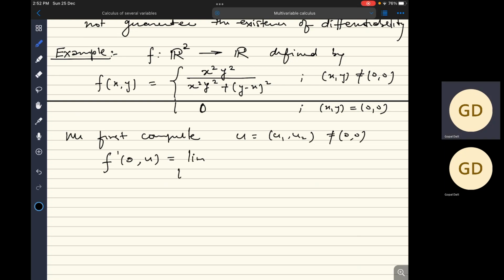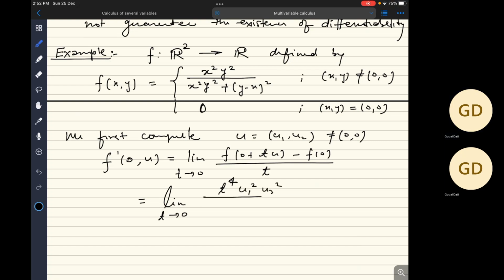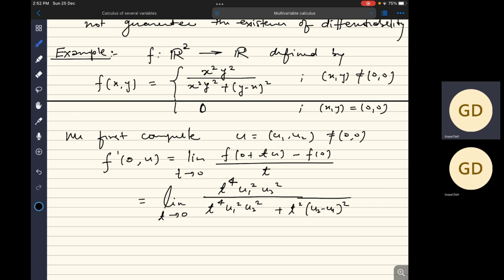This would be the limit as t goes to 0 of f(0 plus tu) minus f(0), upon t. What will you get? This is t square u1 square t square u2 square, so this is t to the power 4 u1 square u2 square. Similarly, here t to the power 4 u1 square u2 square plus t square (u2 minus u1 square).